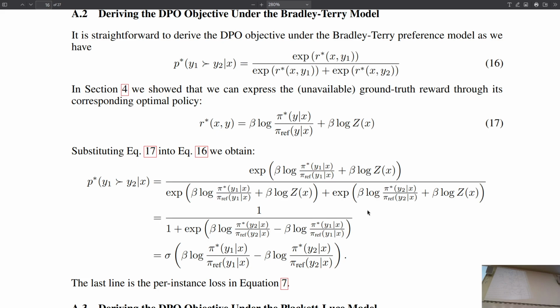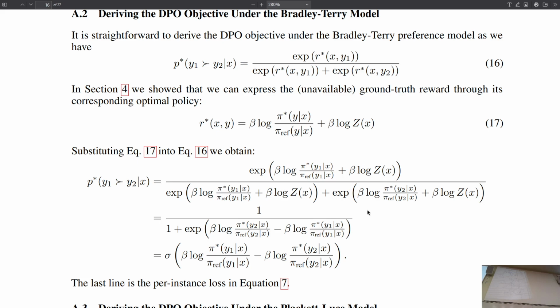Now from there we substitute the reward into the Bradley-Terry model. Then the rest getting to the second to last step is just algebra, correct? But from there to the last equation, I am not exactly sure what's happening.